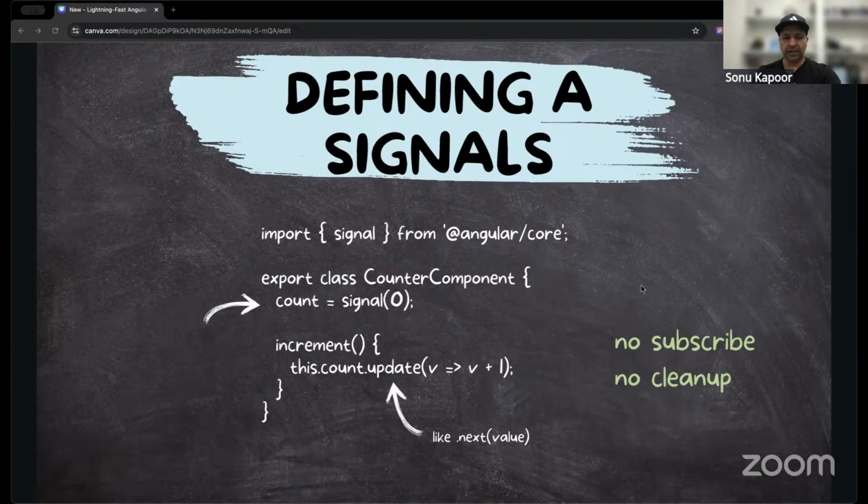Angular knows when this count changes and will automatically render anything that depends on it. So this declarative style makes code easier to reason about, and the rendering is scoped to the parts that actually read the signal.